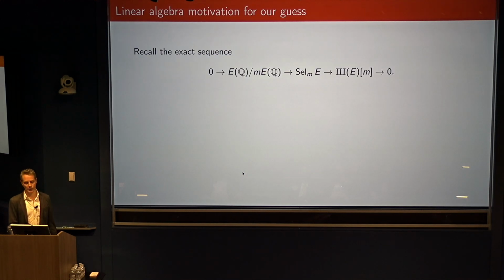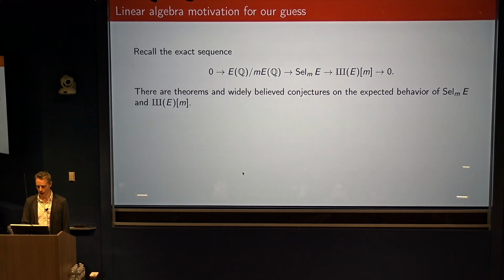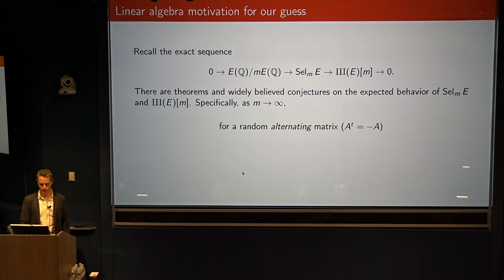Now, you remember the exact sequence. There are theorems and widely believed conjectures on the expected behavior of the M-Selmer group and the M-torsion in the Tate-Shafarevich group. Here I've summarized it as well as I can in one slide. As M goes to infinity, you take a random alternating matrix, so the transpose is the negative, with entries in Z mod MZ.